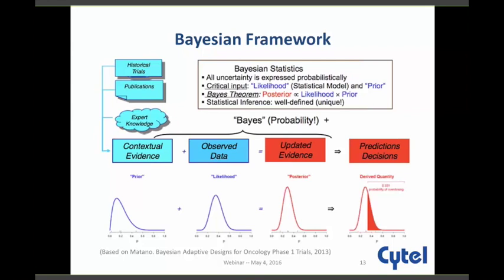This external information may be in the form of historical trial information, publications, or eliciting expert opinion. These can be synthesized and form the so-called prior distribution, which, along with the likelihood or the observed data, form the updated evidence, hence the posterior distribution.